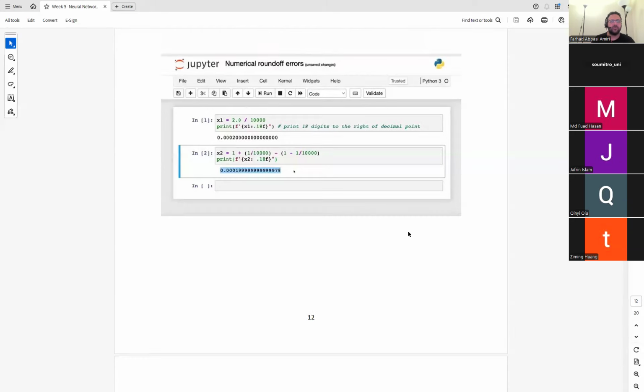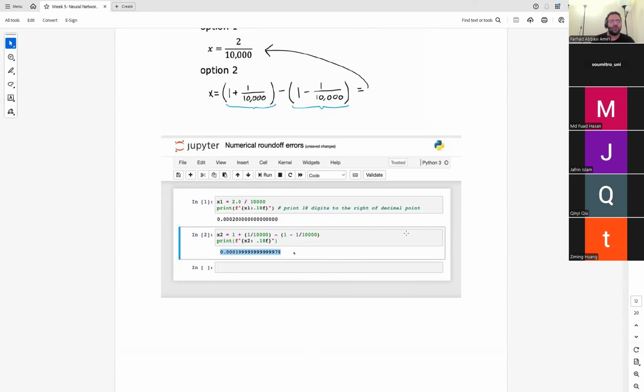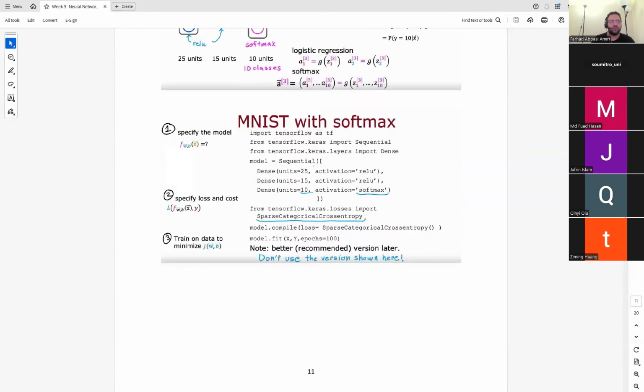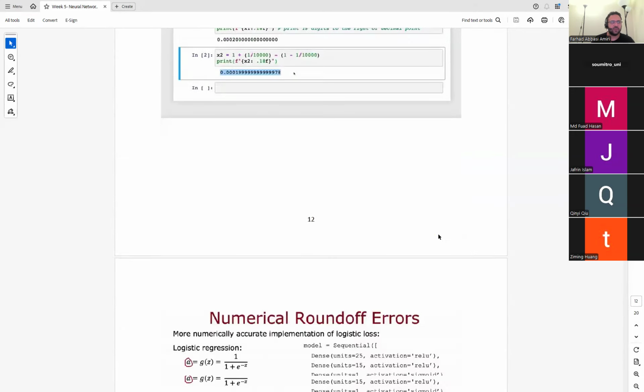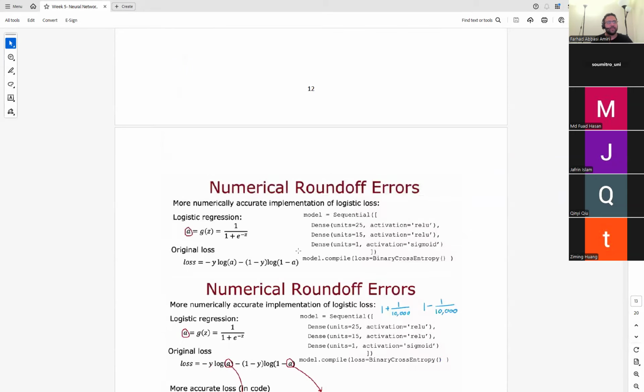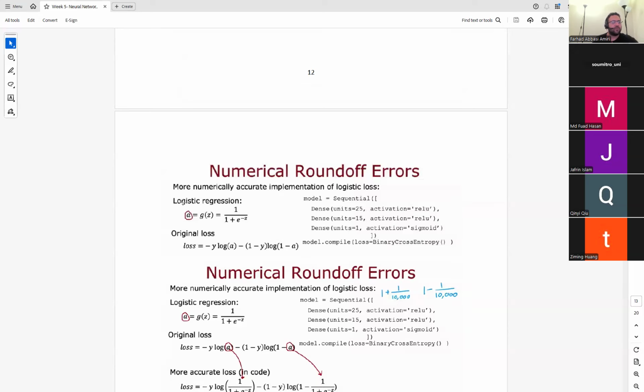So we want to do the same thing for these lines of code to make it more accurate, more efficient. What we can do is here like this. For example, for logistic regression, for binary classification, first you build up your neural network model, sequential of 3 layers.